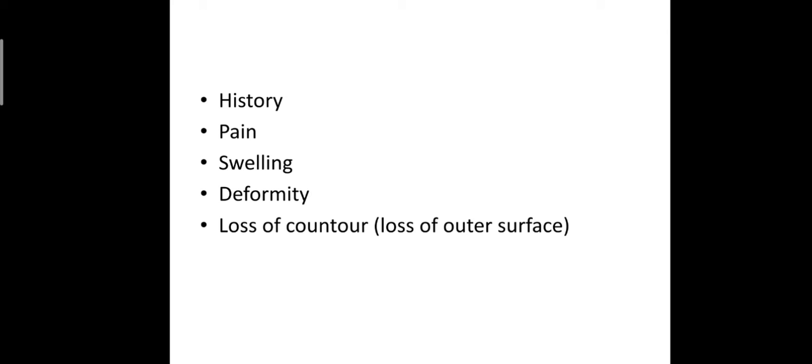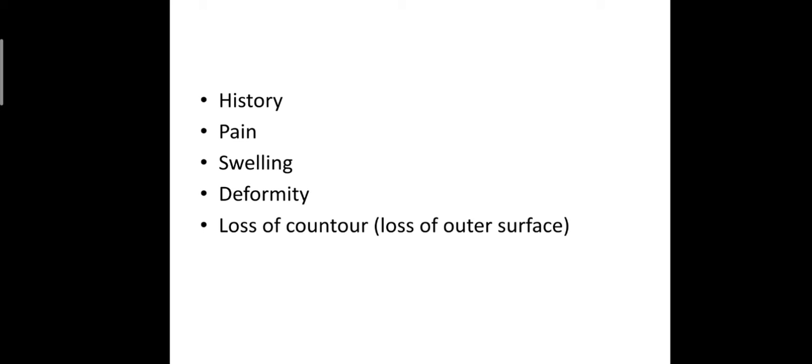In pain referred from the cervical spine, it starts from the base of the neck, radiates to the top of the shoulder, down the lateral side of the arm to the elbow.